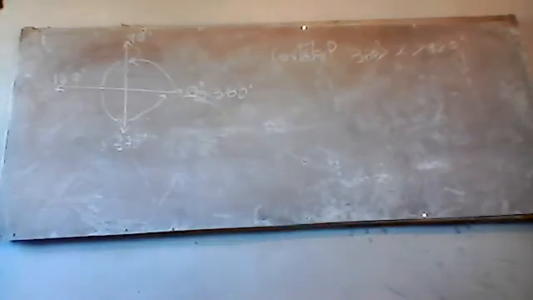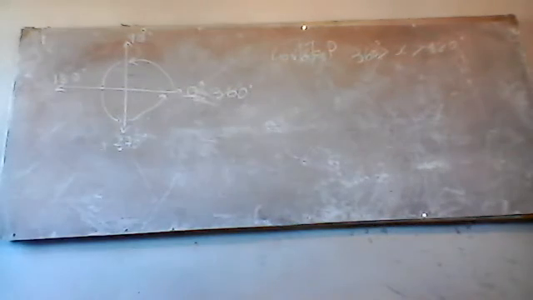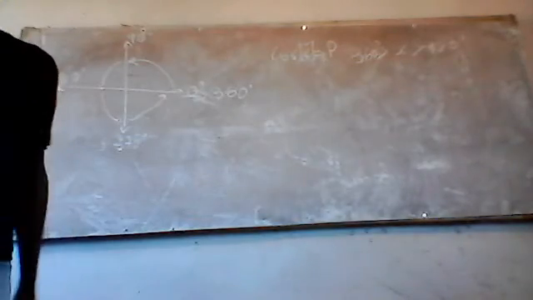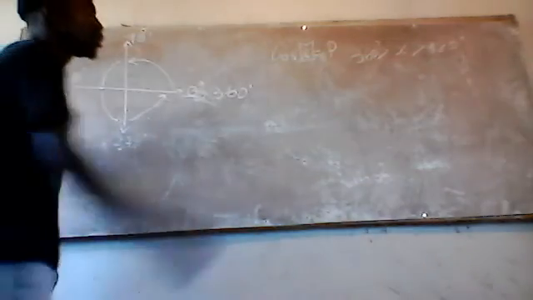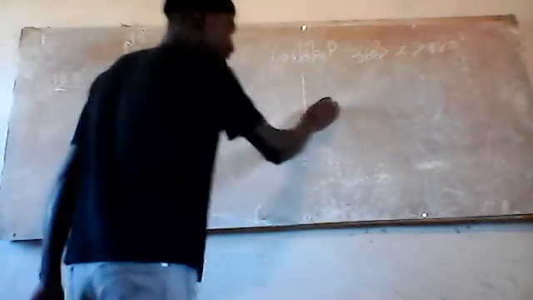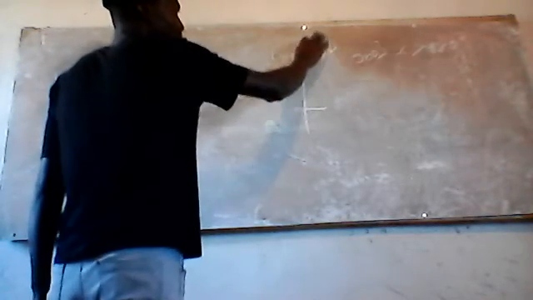So they've given me that my cos of x is equal to p, and my x lies between 180 degrees and 360 degrees. So you are going to need two things, guys, in order to recognize the quadrant. First and foremost is to identify the sign of your trig ratio.